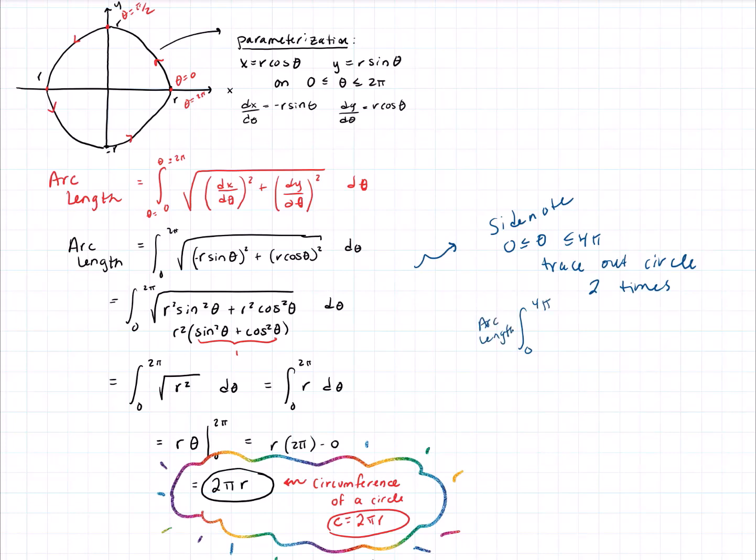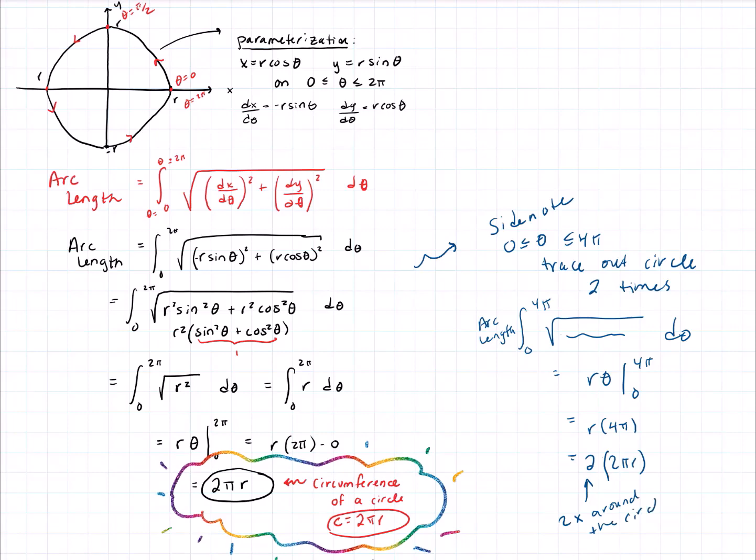You're still going to have the exact same integral, d theta. What's going to end up happening is you're going to have r theta evaluated from 0 to 4 pi. And notice what you get. You get r times 4 pi, or 2 times 2 pi r, twice around the circle.